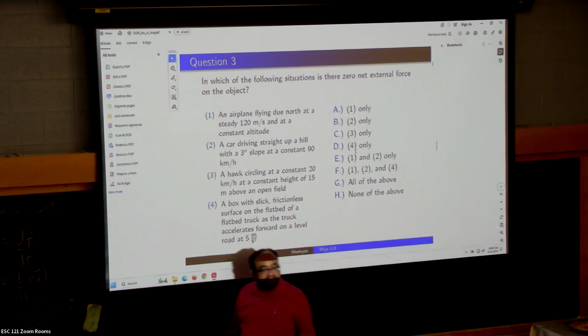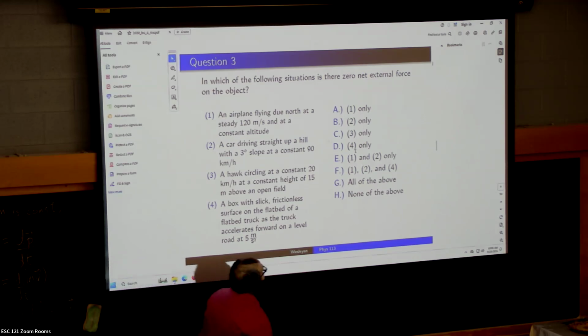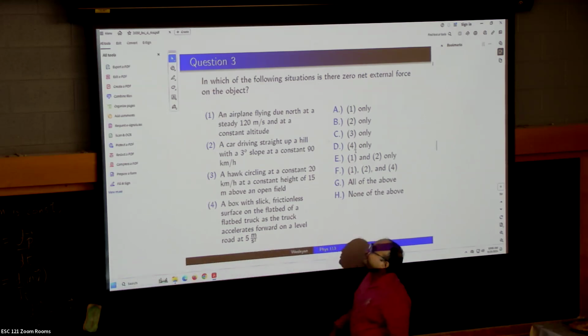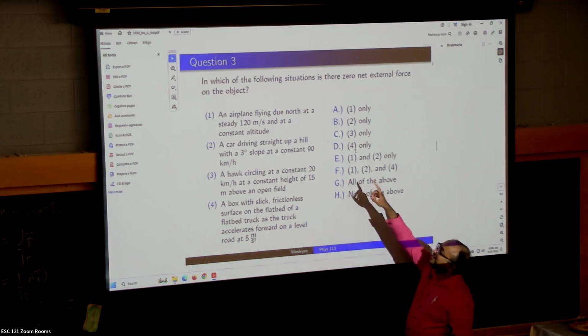Okay, sounds like that clarification changed some minds. Mostly for F, some for E. F is correct, focusing on the box. So yeah, we'll go through them.